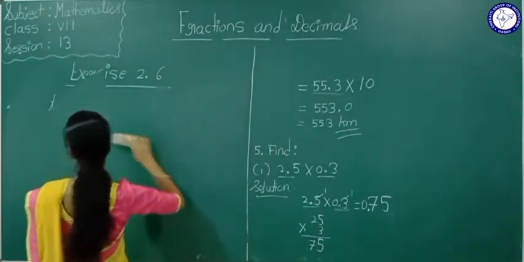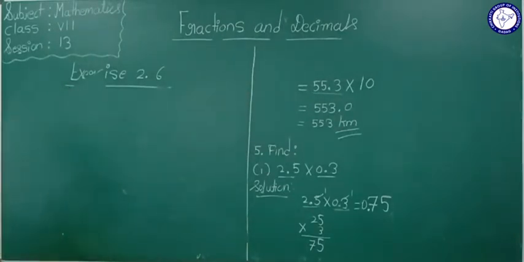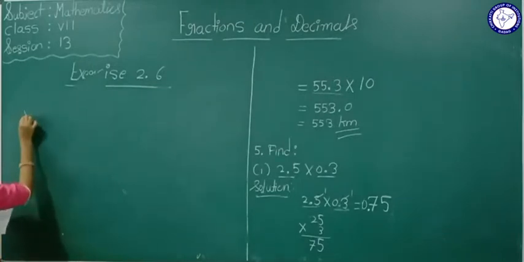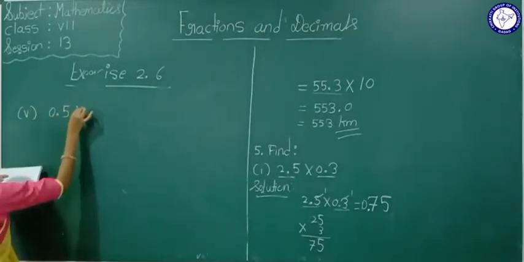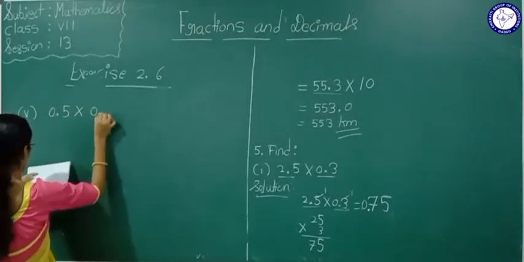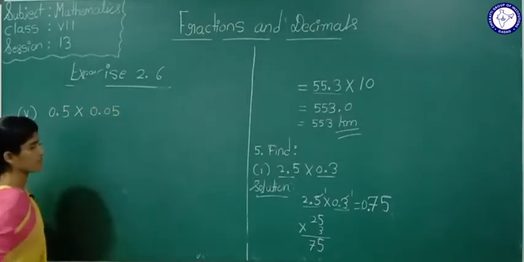Now the fifth one: 0.5 multiplied by 0.05.